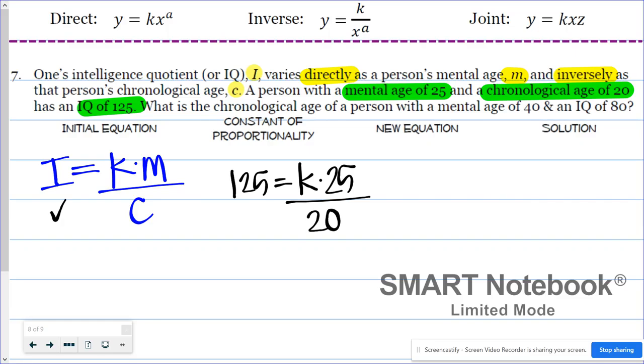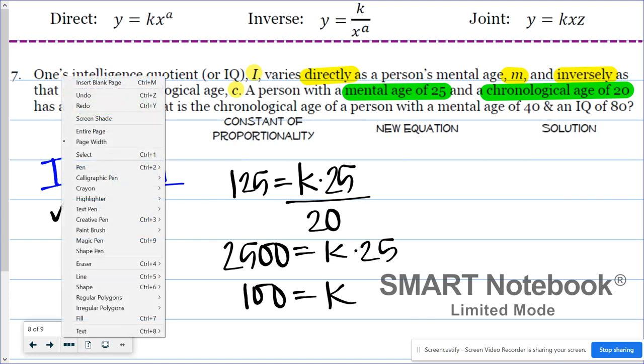Okay. So I can first go and multiply both sides by 20. So 125 times 20 would give me 2,500. So 2,500 is equal to K times 25. So that means K is equal to 100.